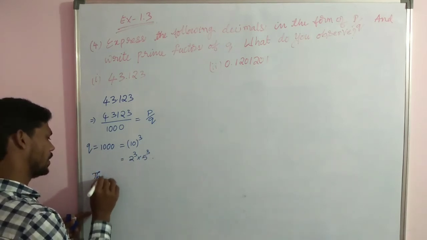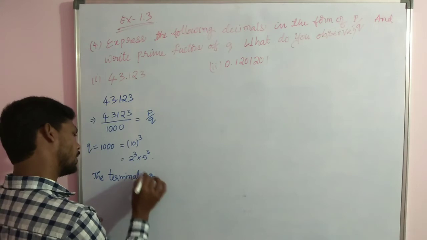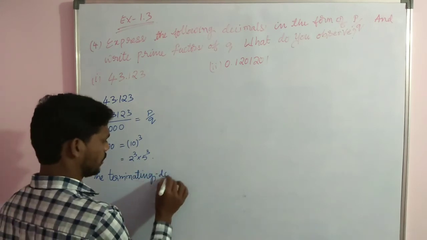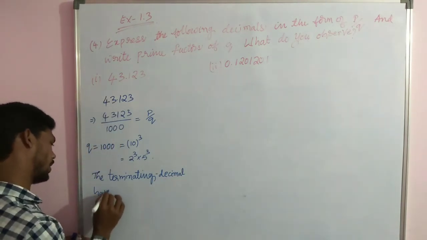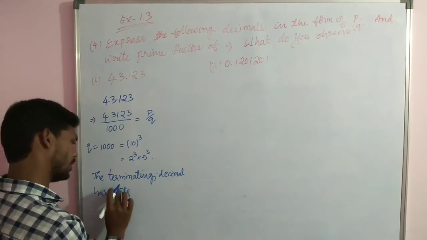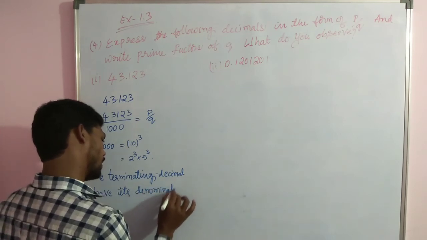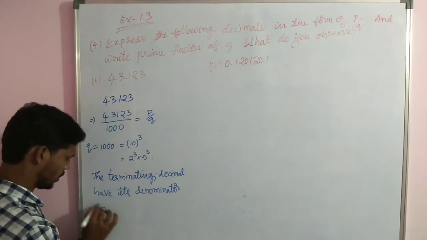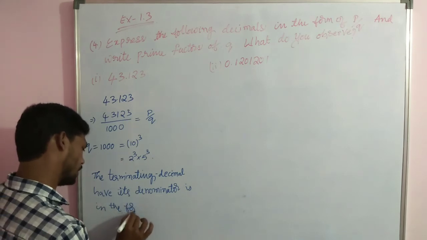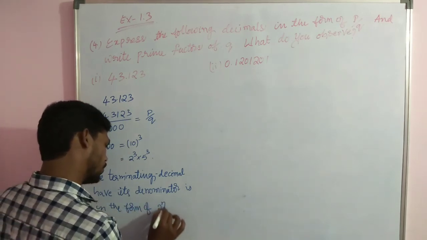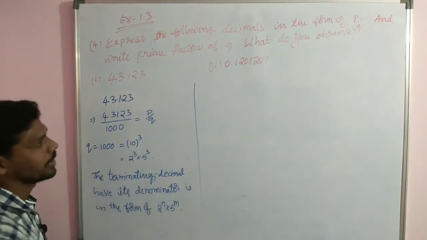Any terminating decimal has its denominator in the form of 2 power n and 5 to the power m, as we have observed. That's it. Next problem we'll see.